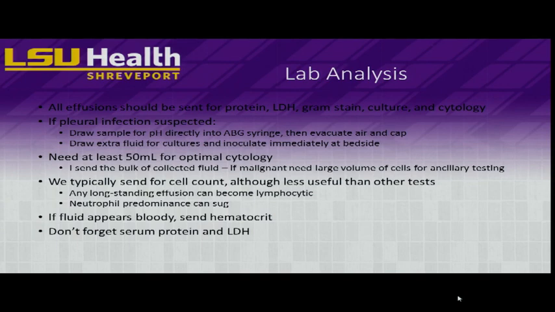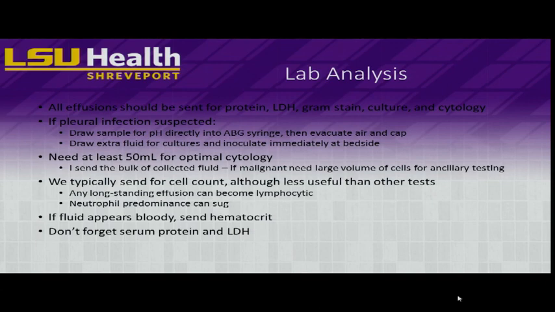So our typical laboratory analysis that you should get. So all effusions, the major things you need are protein, LDH, gram stain culture, and cytology. If you suspect a possible pleural space infection, then you should also separately draw a sample into an ABG syringe, evacuate all of the air, and then cap it.